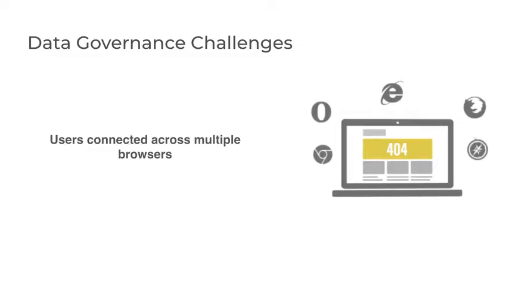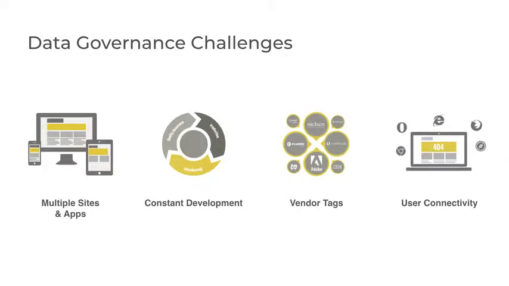And to make it even more complicated to do QA across all these different environments, each of our users and customers is coming to us from different browsers, different versions of those browsers, from different regions in the world. So as you're seeing here, this really is a perfect storm of complexity. All these different challenges that are thrown at us make it very difficult to QA important, expensive technologies that we're deploying in all these environments.